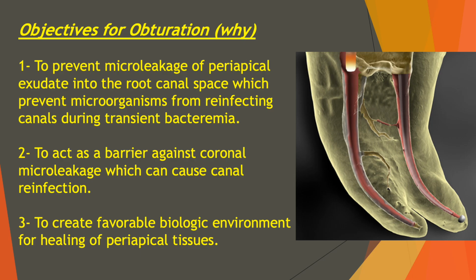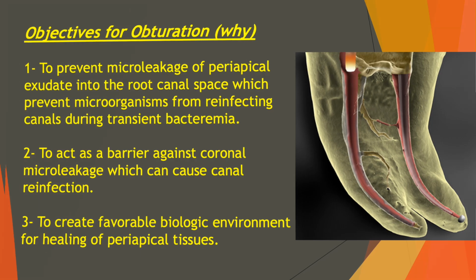So why are we doing obturation? To prevent microleakage from the apical and the coronal part of the root, and to create a very good environment for healing of the periapical tissue.